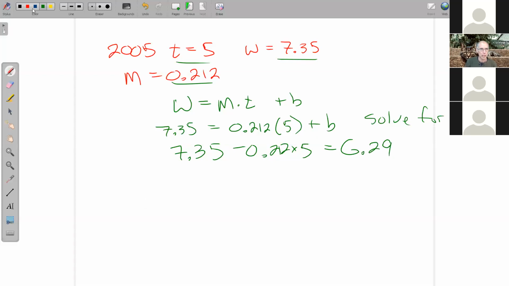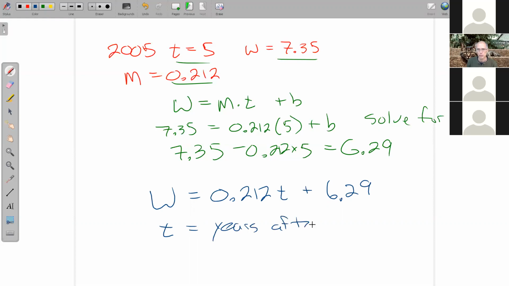So now I think my equation is W equals 0.212 T plus 6.29. And again, remember T was years after 2000. W is the minimum wage in Washington.